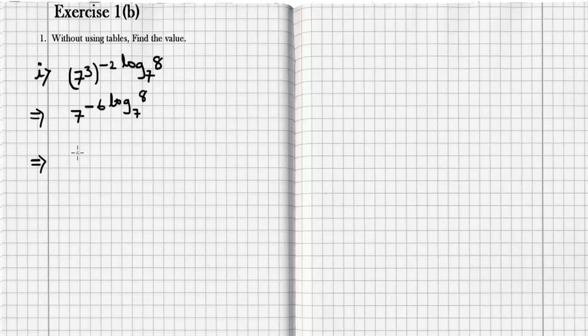Now this will give me 7 to the power log of 8 to the power negative 6 to the base 7, and using theorem 1 we have 8 to the power negative 6, and this can be written as 1 upon 8 to the power 6. Hence 1 upon 8 to the power 6 is your answer.